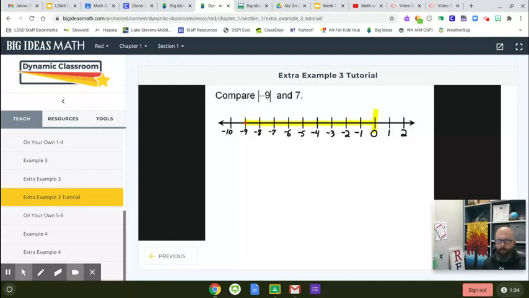Now we are ready to compare the absolute value of -9 and 7. First, graph both numbers on a number line. Because the absolute value of -9 is 9, draw a closed circle at 9.